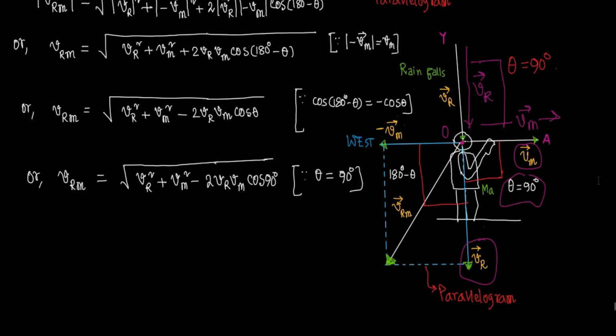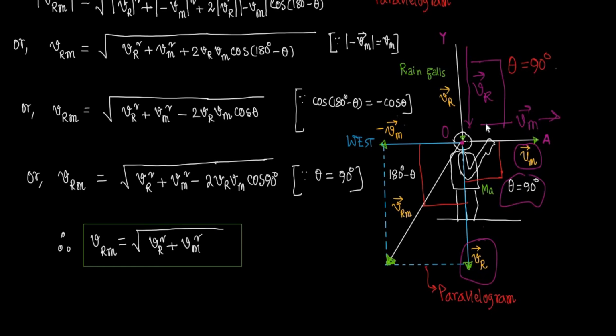The man is walking in the horizontal direction and rain falls vertically downwards. Therefore, VRM equals root over Vr square plus Vm square.